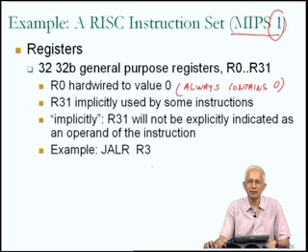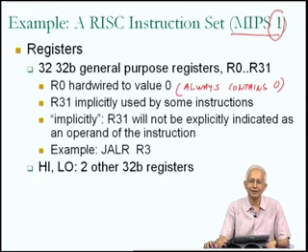Now, there is one other issue regarding general purpose registers in the MIPS1 instruction set that we must be aware of, and that is that in addition to the 32 general purpose registers R0 through R31, there are in fact 2 more general purpose registers that are known as high and low, HI and LO, and they too are 32-bit registers.